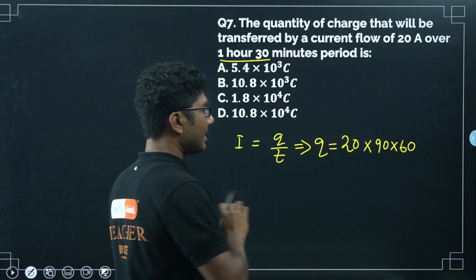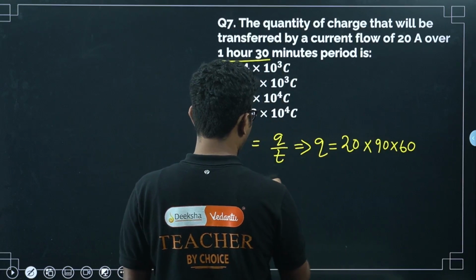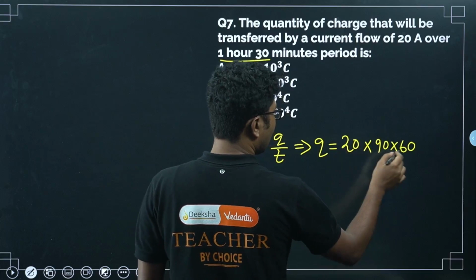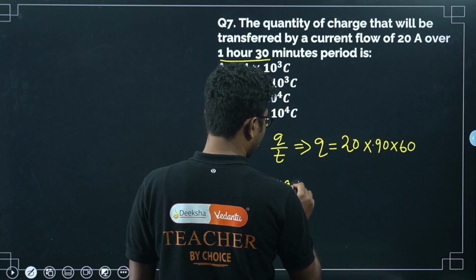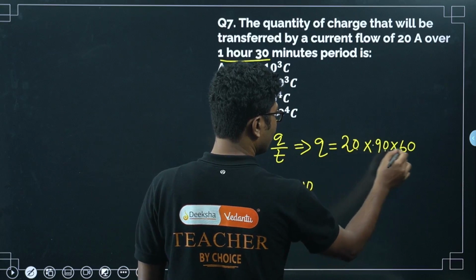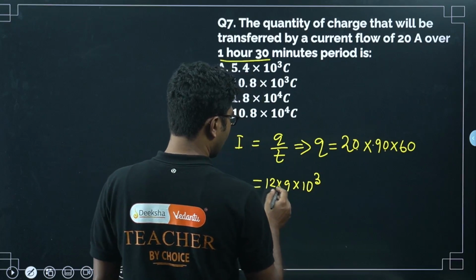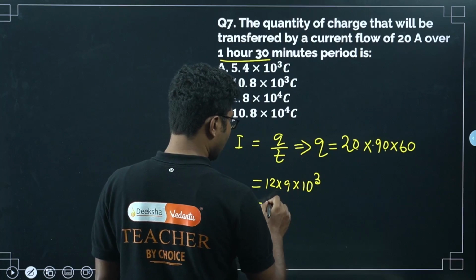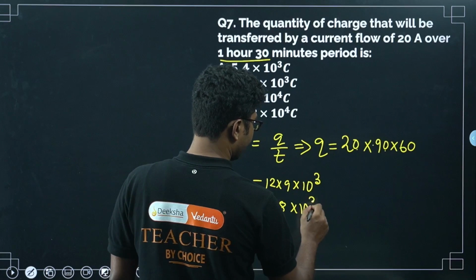That's it. Rest is easy. Now multiply. It will be 12 times 9 times 10 to the power of 3. Okay, now it will be 90 plus 18, so 108 times 10 to the power of 3.